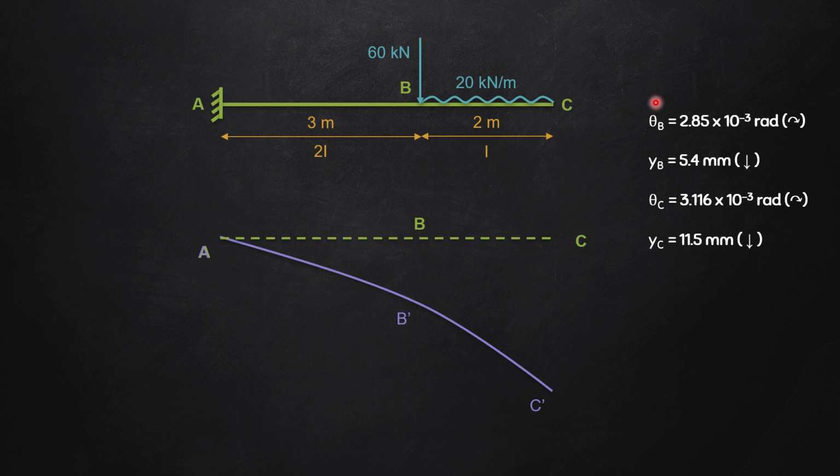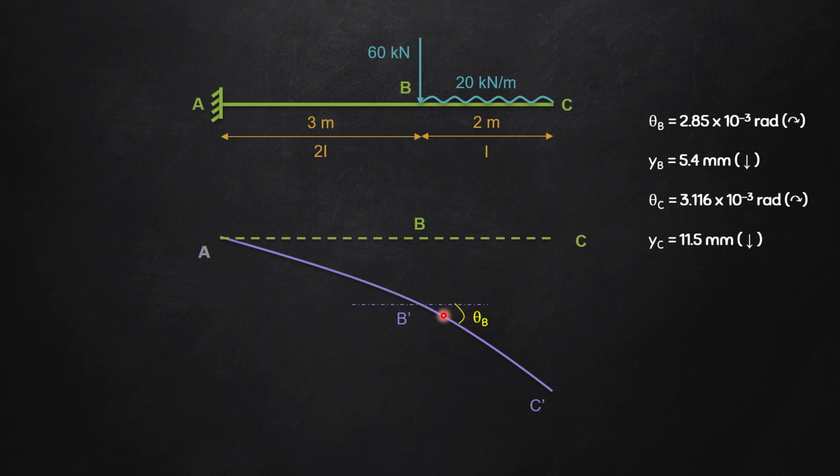Now to show theta B and YB at the point B, I will draw one horizontal line which shows its initial position. So therefore the theta B will be nothing but this angle. Can you see it? I'll do it again. Theta B is nothing but this angle. The original position was straight, but after deflection it became like this.